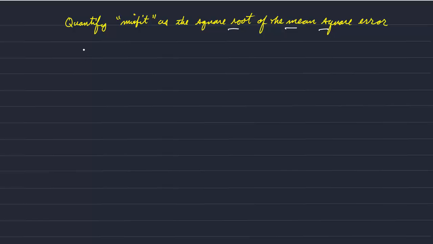The RMS error, which we'll refer to as capital E_RMS, is exactly how it's described in the above sentence. It's the square root of the mean square error.